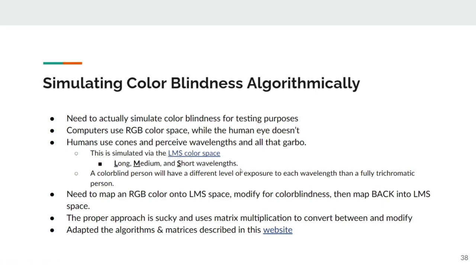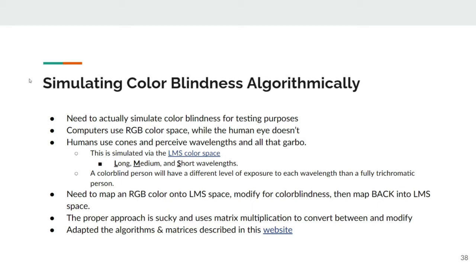Although there is a color space called LMS, which approximates it as best as it can. It organizes things based off of wavelengths and the types of wavelengths that are most susceptible to the different types of cones.